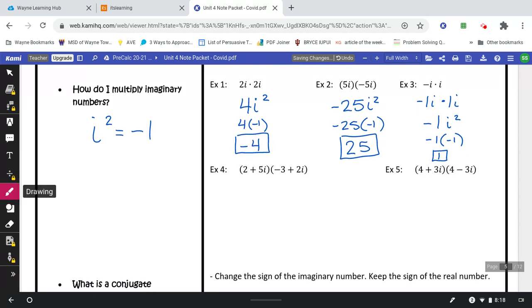The next part here we're going to have to do is foiling. 2 times -3, -6. 2 times 2i, 4i. 5i times -3, -15i. 5i times 2i, positive 10i squared.